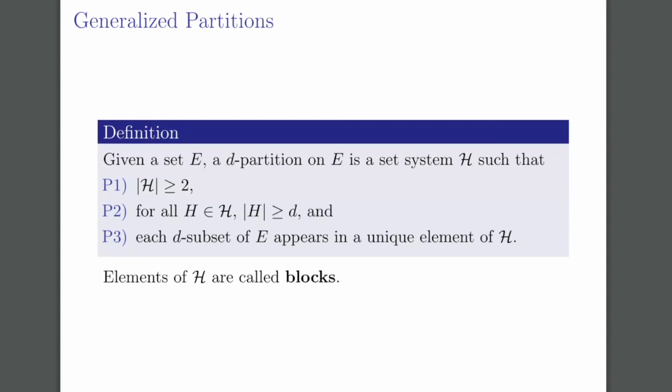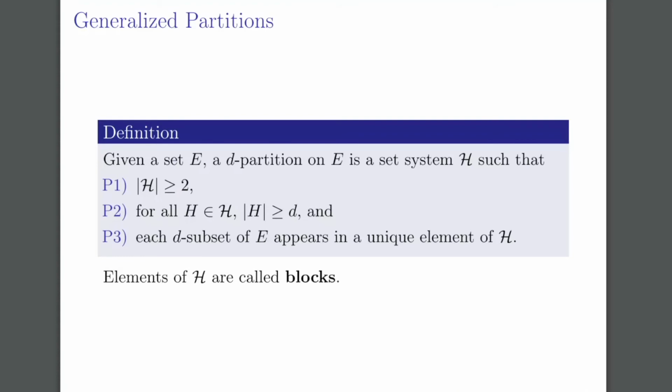So given a set E, a d-partition on E is a set system script H such that there are at least 2 elements in my d-partition, and every element of H has at least size D. And then the non-trivial part of being a d-partition is that each D-subset of E appears in a unique element of my d-partition. So this is the partition part.